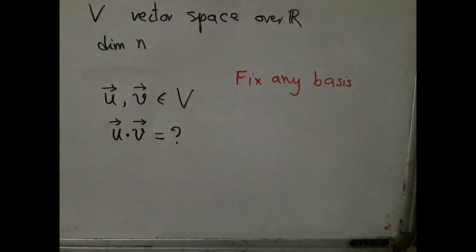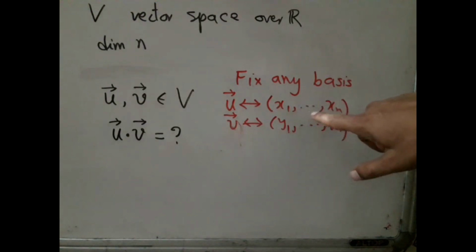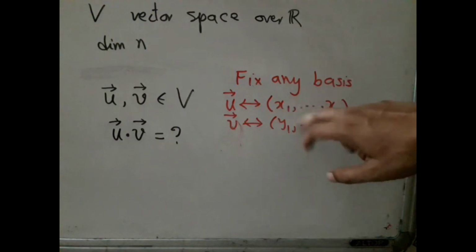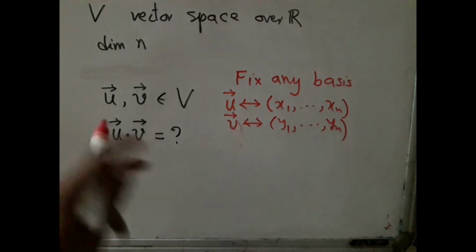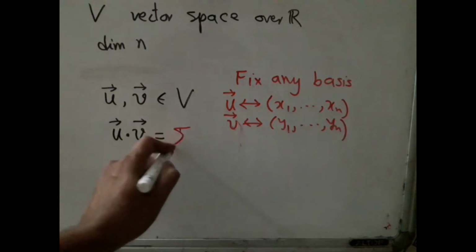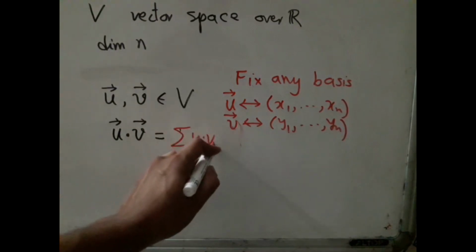Then these vectors u and v become just n-tuples with respect to that basis, like this. So u is basically the same as x1 comma dot dot dot up to xn, which means x1 times the first basis vector, x2 times the second basis vector, etc. Similarly for v. And now you can very easily define this thing as summation ui vi, much like the way we did earlier.